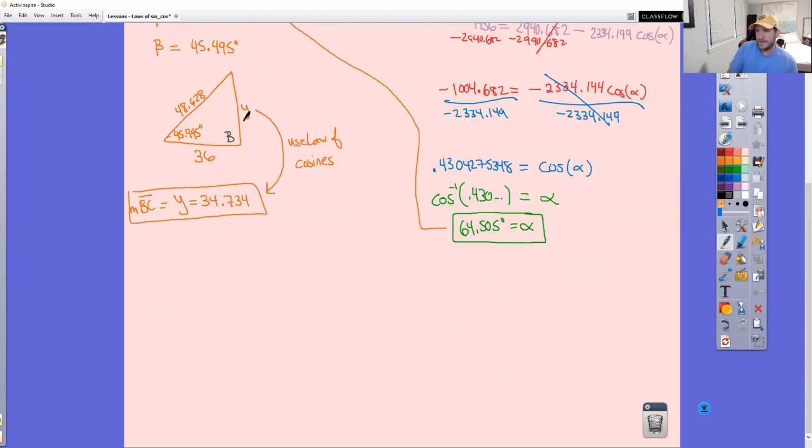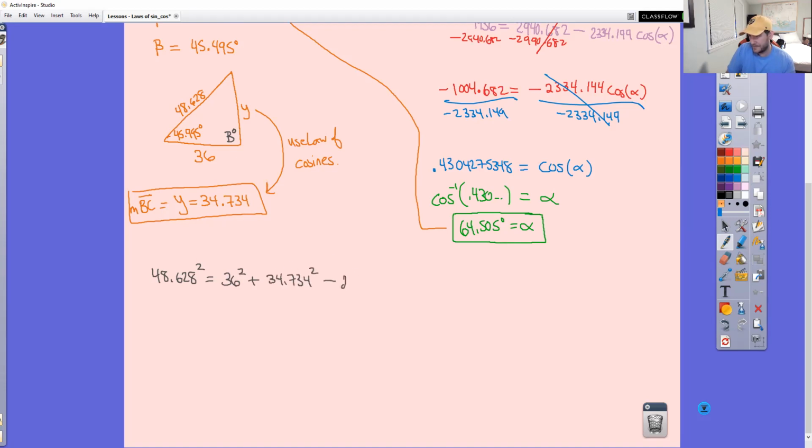You know that to solve for angle B, we would take side B, the 48.628. We'd square it, we'd set it equal to the other two sides, the 36 squared plus the 34.734 squared.